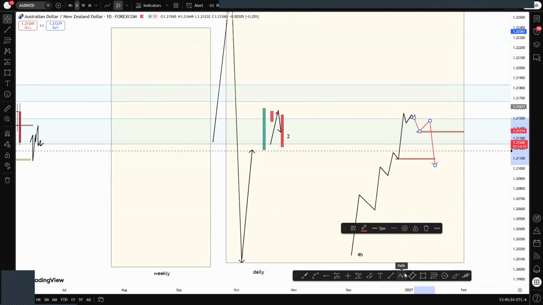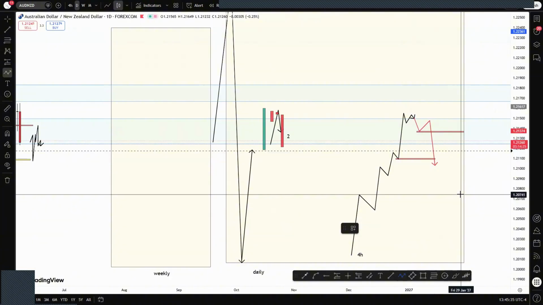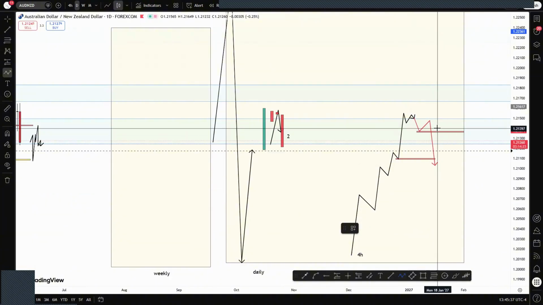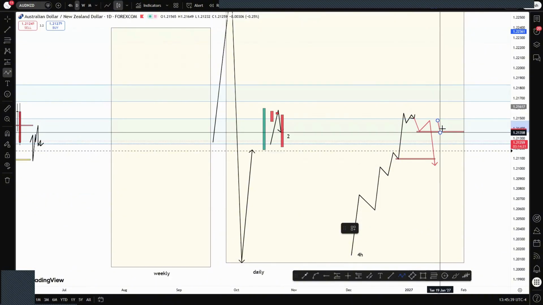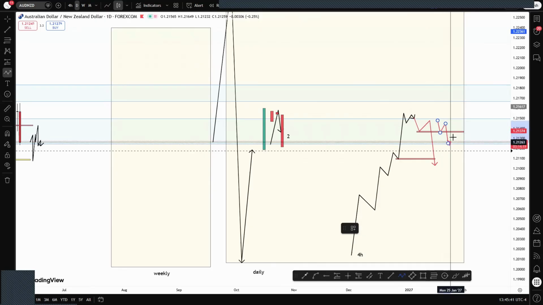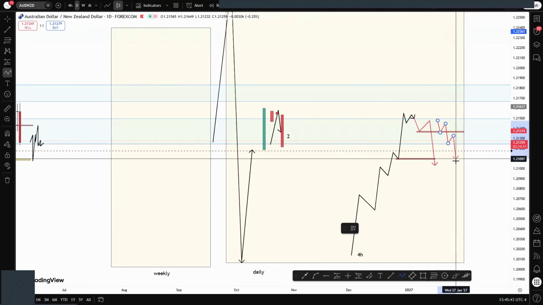Now, this is the first case, but what if we get a case where price does the same thing, but ends up making these lower lows and lower highs and breaks below? Okay.